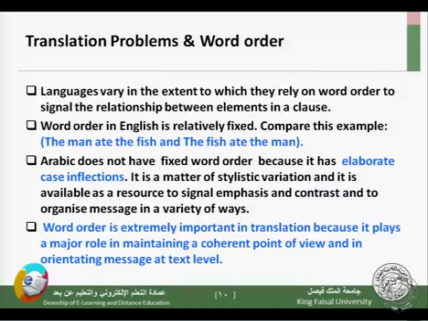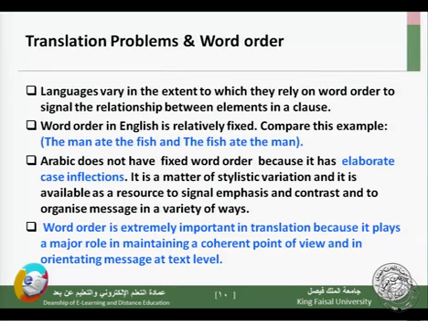You see, so in Arabic it is a different system. It is not as fixed. The word order in Arabic is not as fixed as the word order in English. So word order is extremely important in translation, because it plays a major role in maintaining coherence in the text.